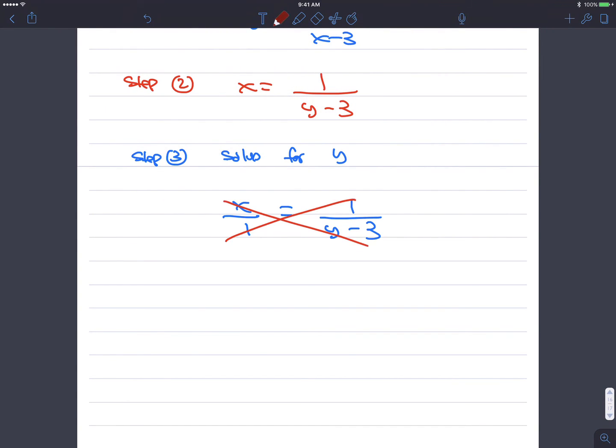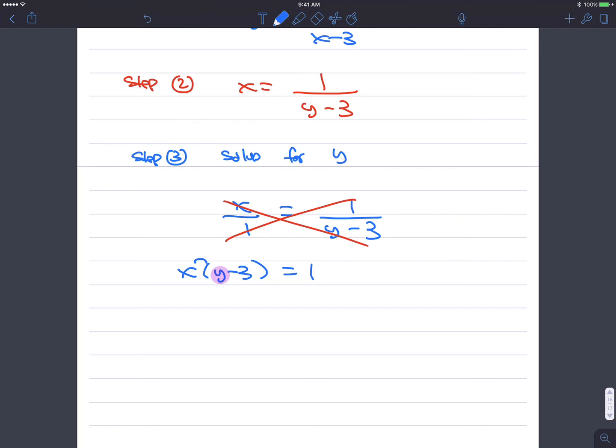Cross multiply. Here's the deal. x times y minus 3 is 1. We're going to have to solve that thing for y. Okay, this one's going to be an interesting question. Okay, you guys okay with this? Did I cross multiply? I did. I got to get y by itself. See this y? I got to solve for y now.